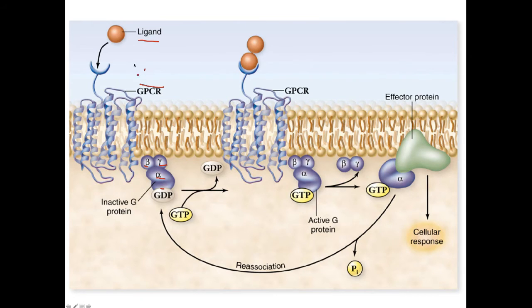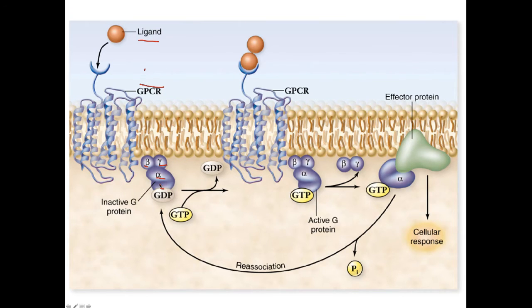So what happens? A ligand binds to the extracellular domain of a G protein coupled receptor, and then a conformational change ensues in the receptor such that this causes a change in the heterotrimeric G protein.